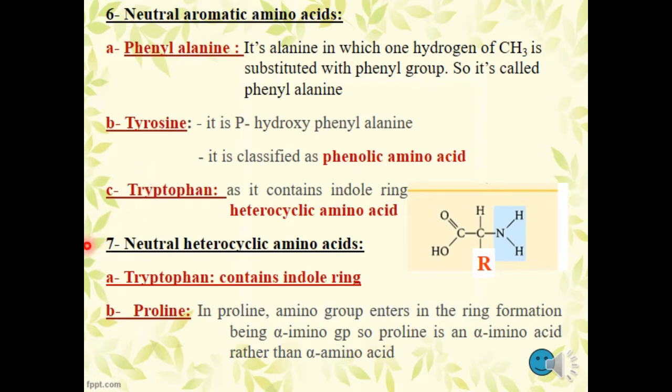Next neutral amino acid is heterocyclic. Example is tryptophan, which contains an indole ring, so it is the only amino acid containing an indole ring. Second one is proline.